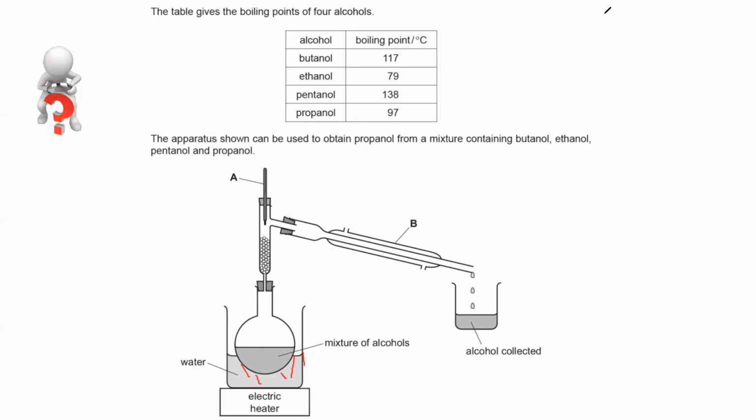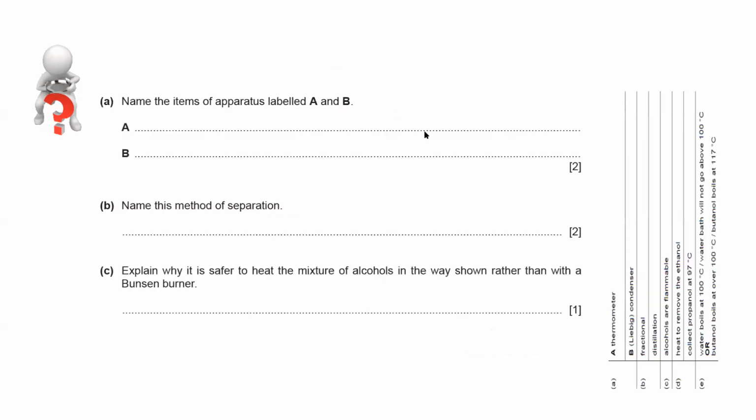Because a Bunsen burner has a flame that can cause fire, and these are flammable liquids, so they can catch fire. It's not about breaking glass, it's for safety purposes, because a Bunsen burner has a flame that can cause fire to a flammable substance. That's a good answer.